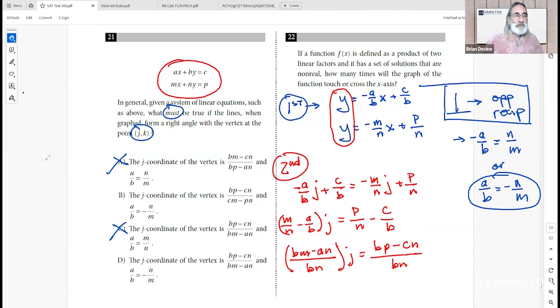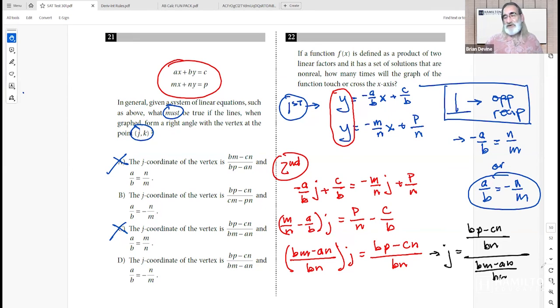Now, if I multiply both sides by the reciprocal of the fraction that is in front of J, I'm going to end up with J equals bp minus cn over bn, and that's over bm minus an over bn.